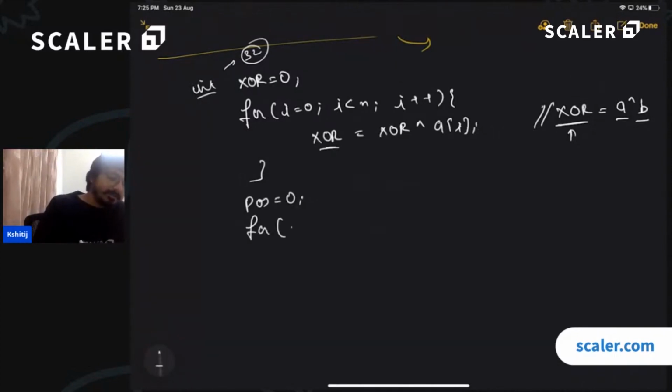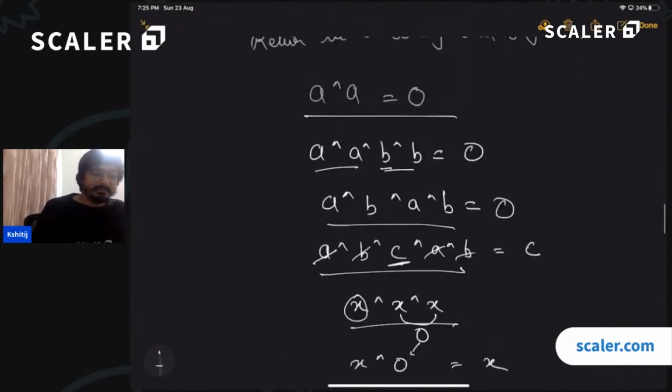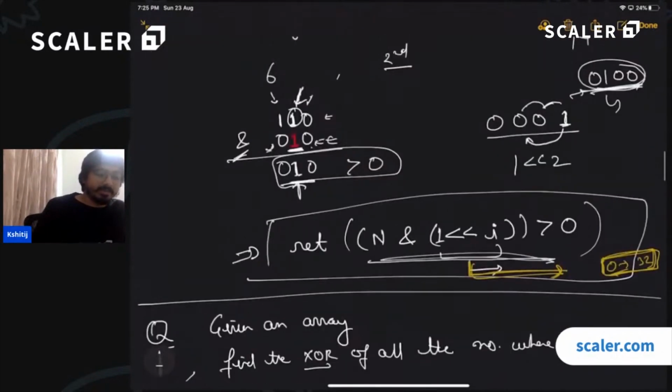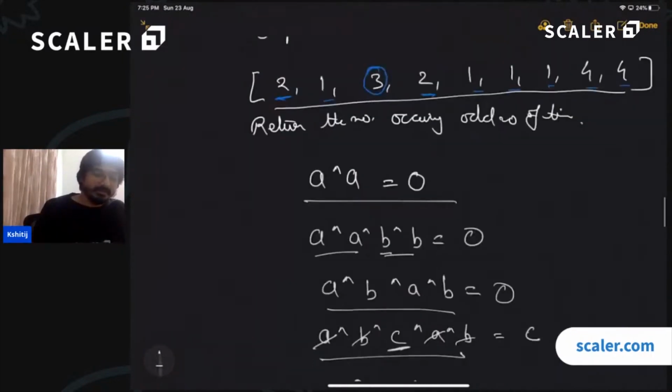For all the values that the position can take, going from 0 to 32, we check the exact same thing that we had done to check whether the ith bit is set or not. So we'll be taking XOR and one left shifted by i bits, right?